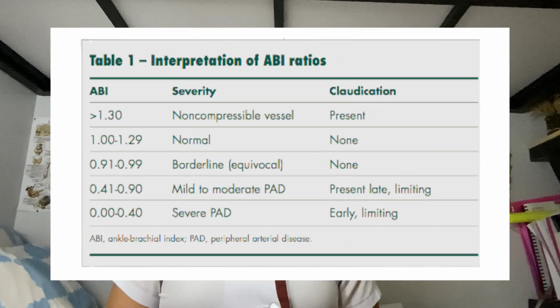For the normal and abnormal findings, interpretation of ABI result is as follows. Always interpret ABI results in the context of the patient's history and physical examination.